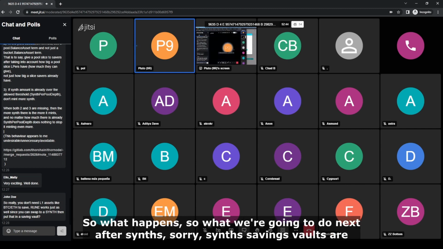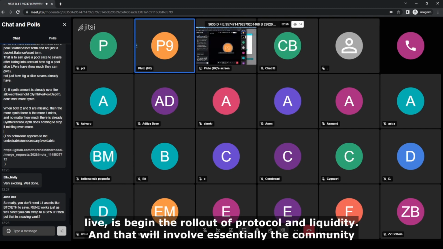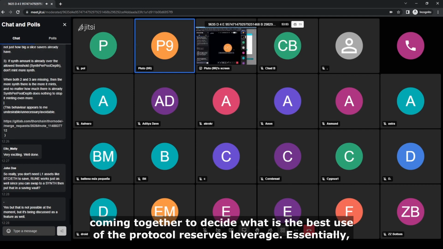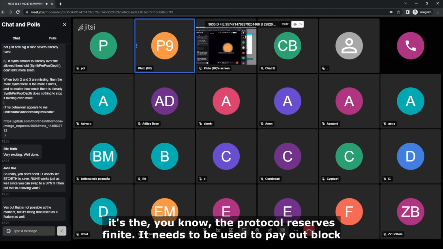So what we're going to do next after synth savings vaults are live is begin the rollout of protocol owned liquidity, and that will involve the community coming together to decide what is the best use of the protocol reserves. Essentially, the protocol reserve is finite.